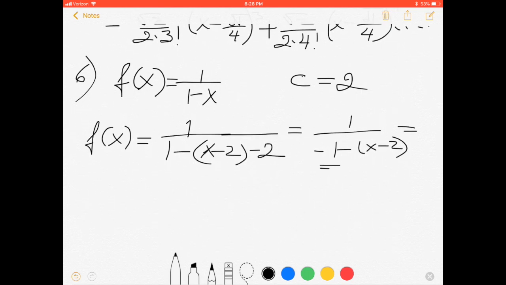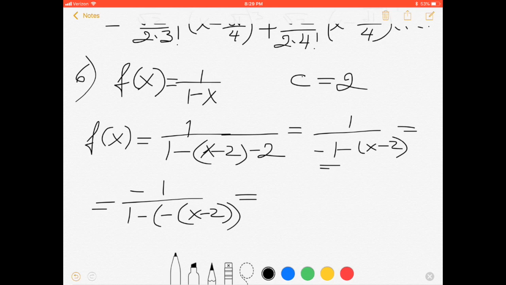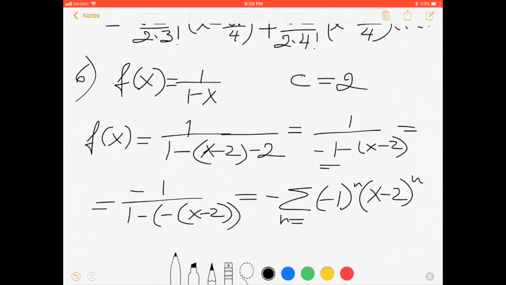Because 1 needs to be always here as positive, this means here I have minus 1 over 1 minus negative (x minus 2), and it will be a series. We can write minus the sum of negative 1 power n times (x minus 2) power n, starting with 0 to infinity.